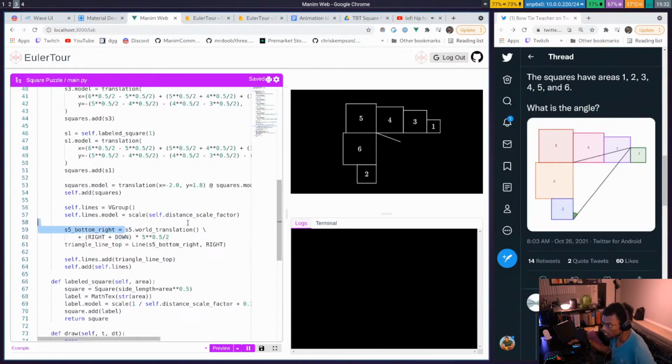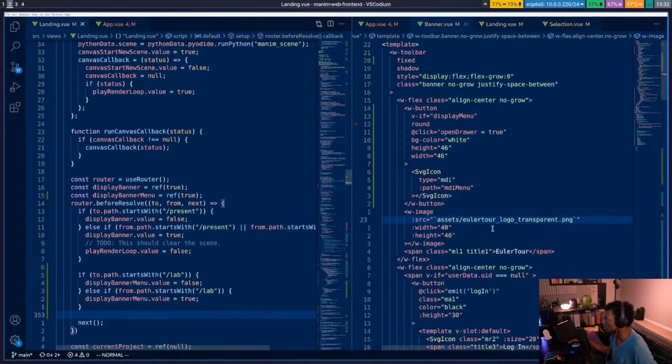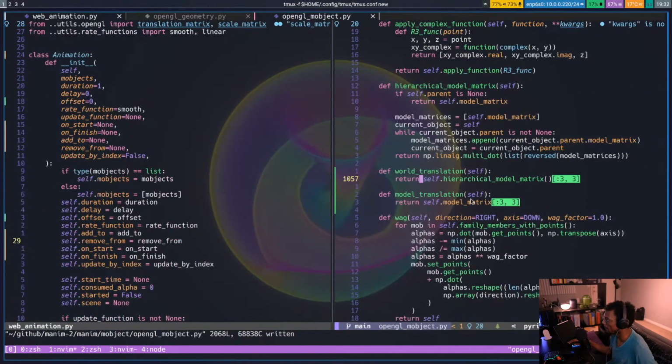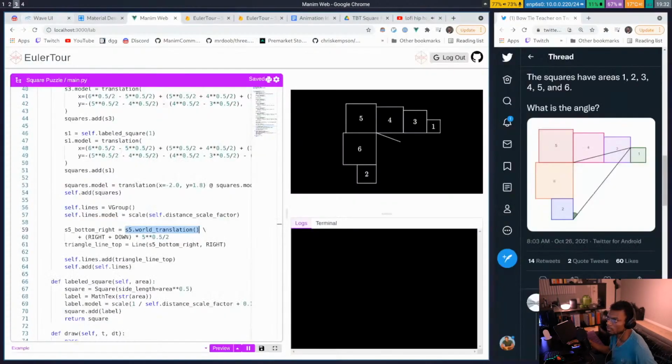So this world translation is bringing its origin into world space. This is not bringing its bottom right corner into world space in general. But I guess it is in this case.